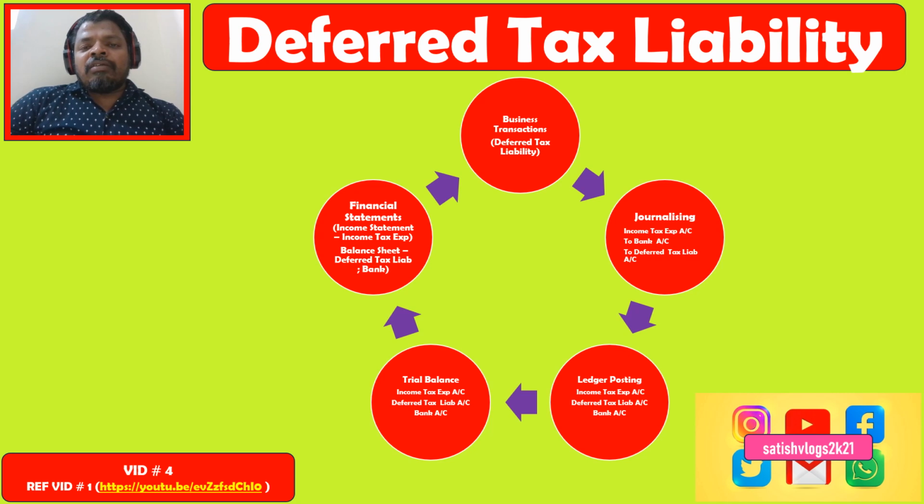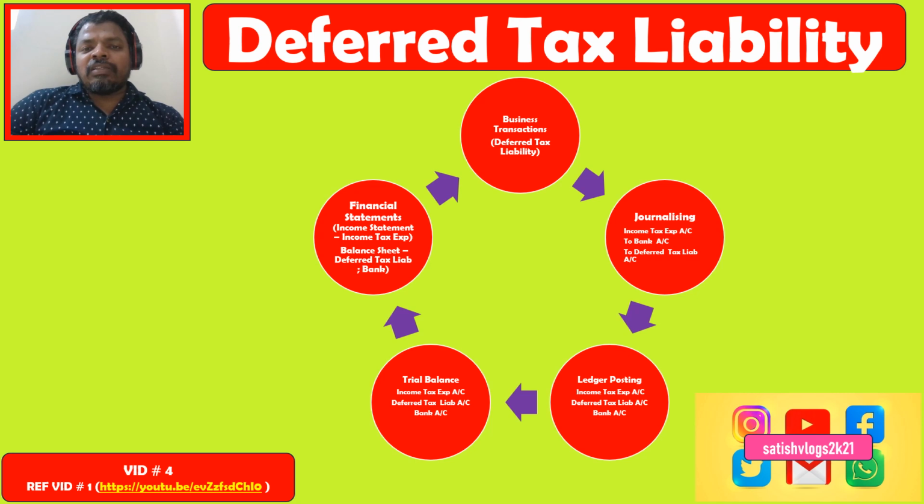Normally, when the depreciation is provided as per WDV method, the expense would be at the higher side in the initial years, and gradually it would get reduced during the course of the business. When the depreciation expense is higher, my profits would be lower, right?